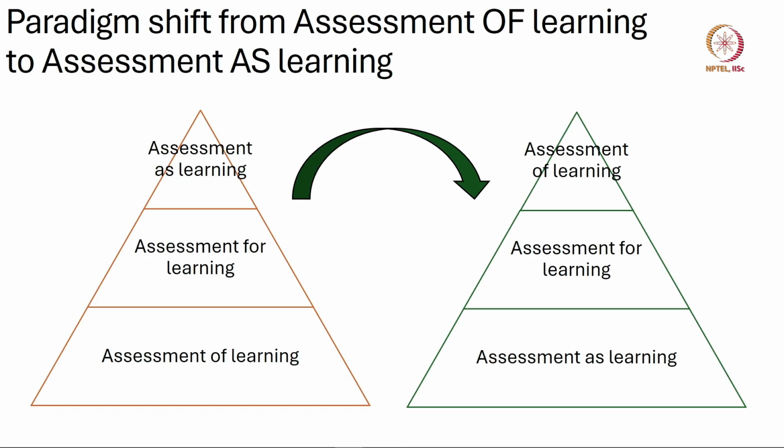So, the focus of assessment as learning should be highest as compared to all three approaches of assessment. A paradigm shift will be required wherein assessment as learning happens the most in the classes, and after that assessment for learning, where the teacher is conducting various kinds of informal assessment to provide feedback to students, and then comes assessment of learning.